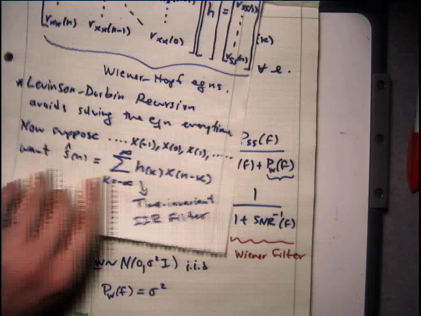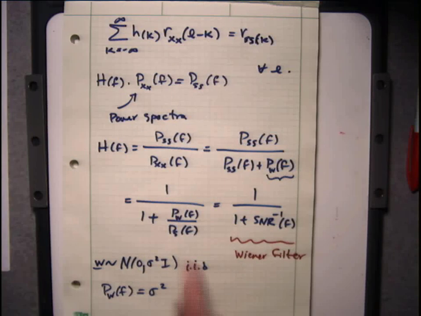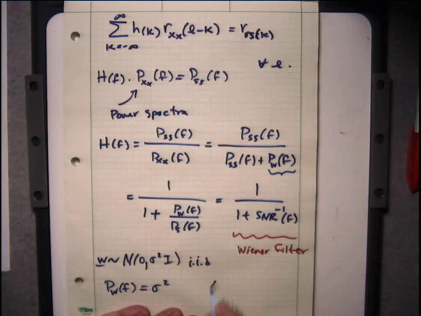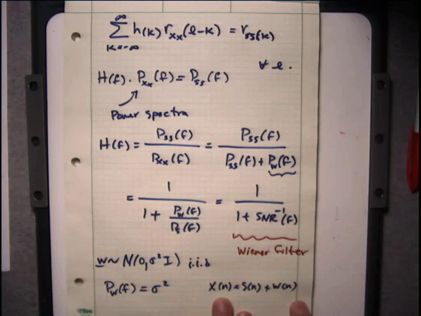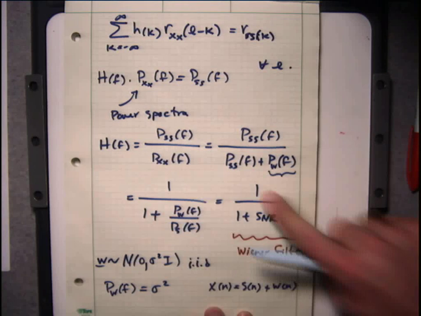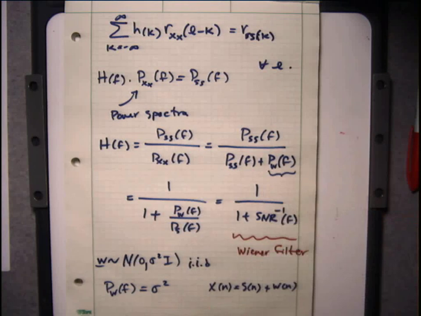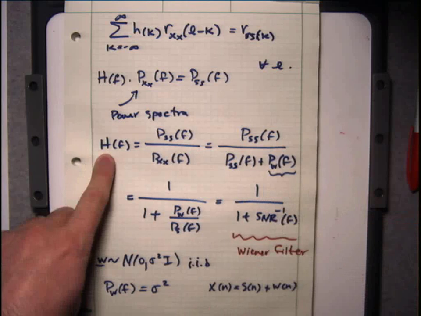Another thing that's maybe a little puzzling about this kind of expression is, again, remember the data model is this: x of n equals s of n plus w of n. So if you look at this expression, or this one for that matter, you say, okay, the optimal estimate for an infinite length sequence is going to be a filter with this impulse response.